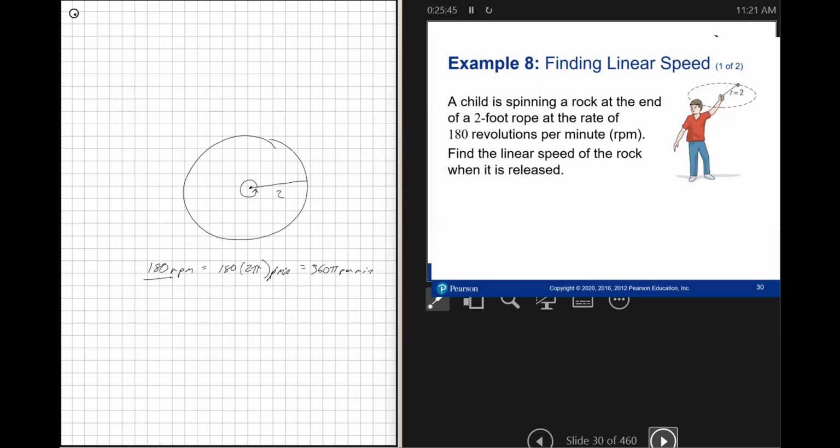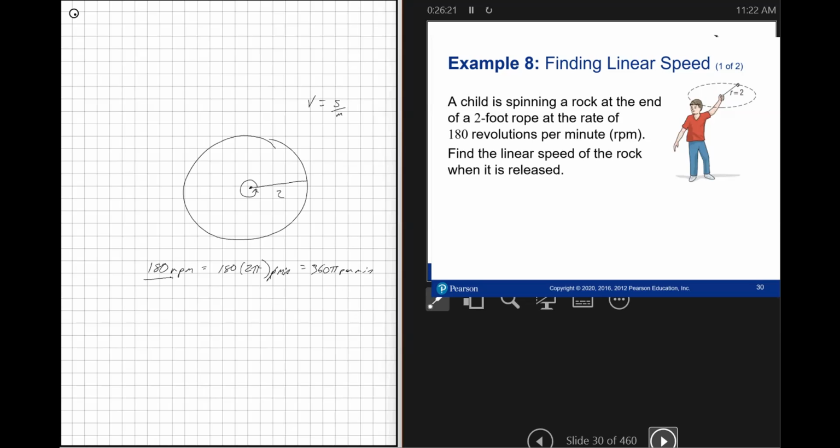Now, velocity is arc length per minute. So it's doing 360 pi.